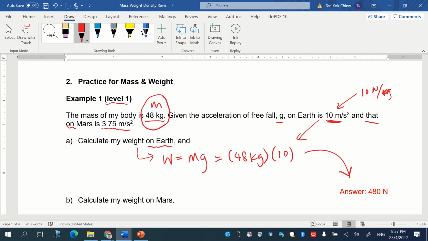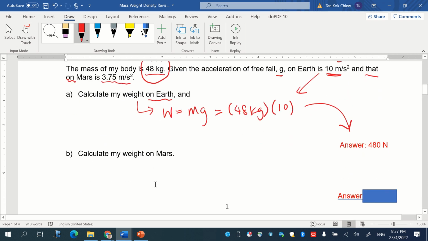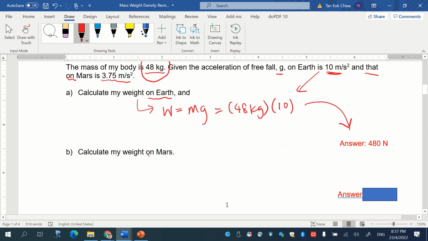So next, calculate my weight on Mars this time. You should be warmed up already. I give you just 20 seconds to quickly get your answer in.